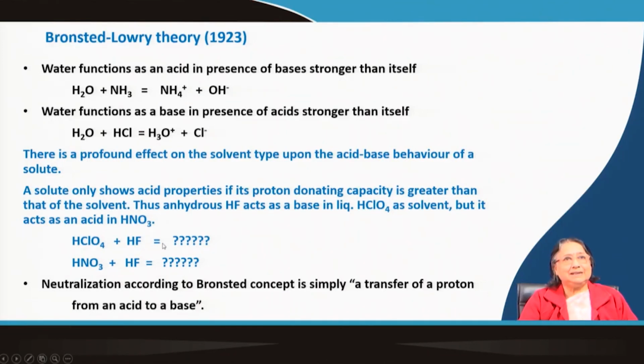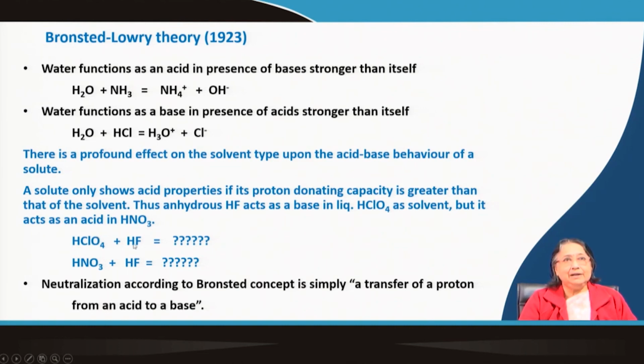A very good example of this is perchloric acid. In liquid perchloric acid, if you put HF, hydrofluoric acid, then who will be the acid and who will be the base? That will be decided by who is the stronger acid.